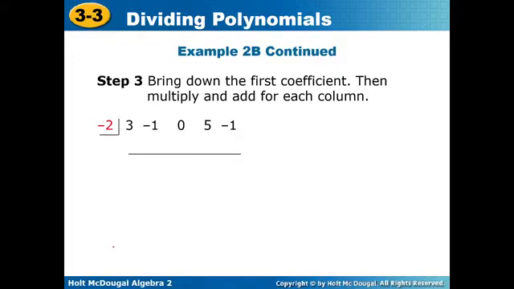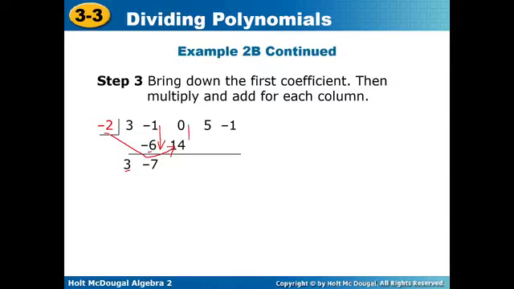So bring down 3. After which, you multiply negative 2 and 3, and you write it here. So the result is negative 6. After that, you combine, and you will get negative 7. Negative 1 and negative 6, that's negative 7. Then you multiply negative 2 times negative 7, which is positive 14.